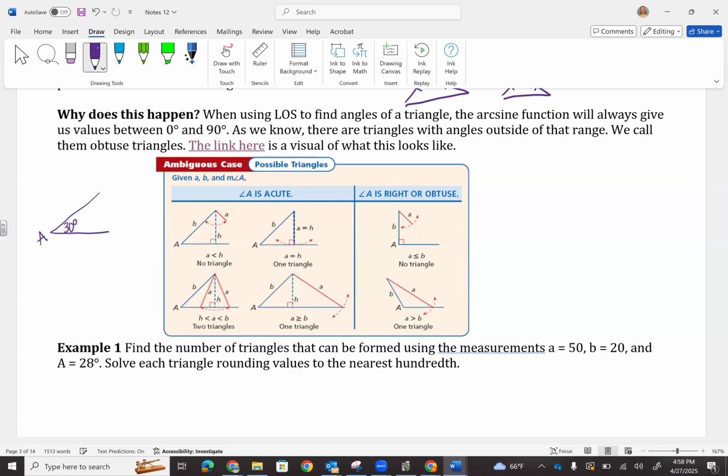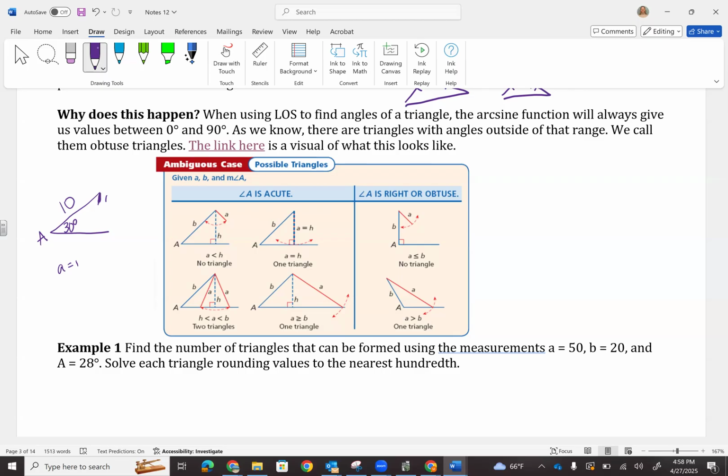Say that's angle A. And say that this side here is 10. Can you imagine that they could give you side A to be 1? Do you see how there's no way with a 30-degree angle and a length of 10 that this length of 1 will ever connect with that bottom side?